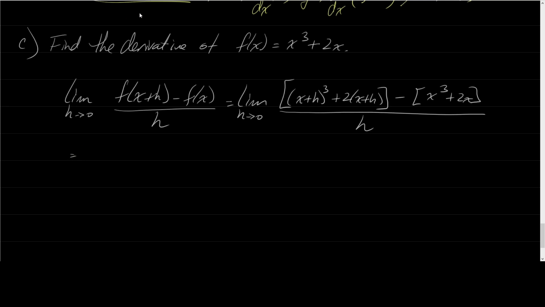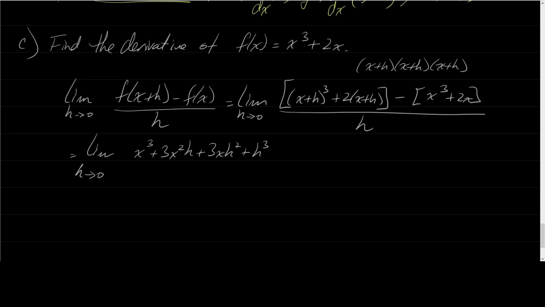The limit as h goes to 0 of x plus h cubed becomes x cubed plus 3x squared h plus 3xh squared plus h cubed. I have personally memorized that by now. But if you don't know how to do that off the top of your head, you can write x plus h times x plus h times x plus h, and begin foiling them out two at a time.